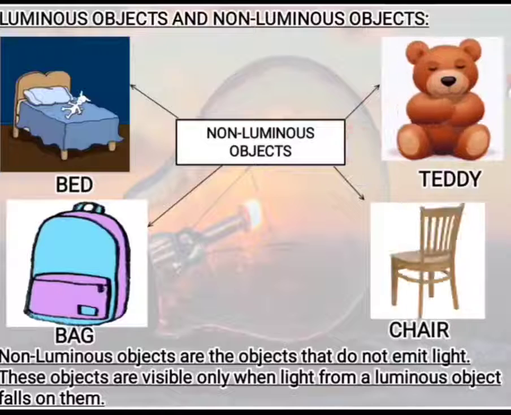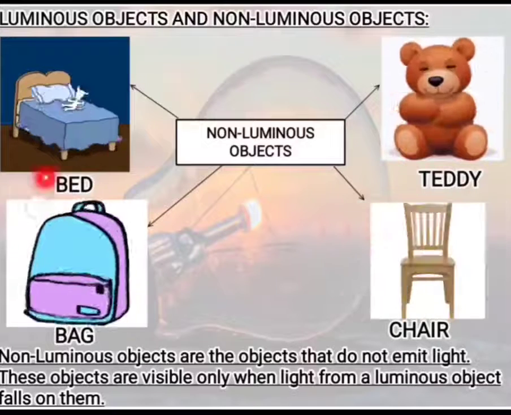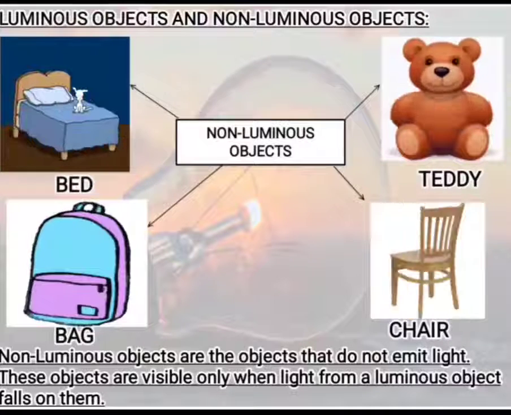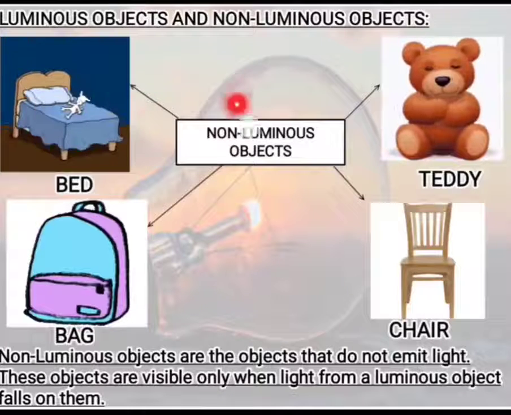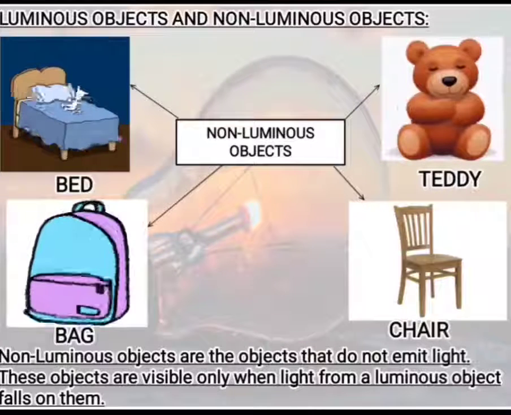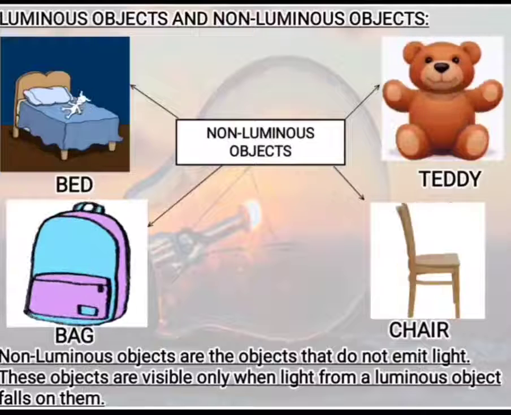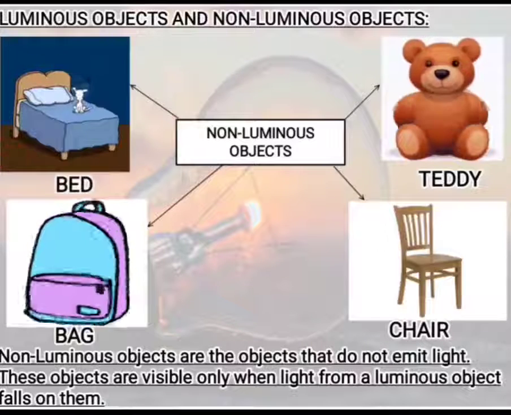For example, teddy bear, chair, bag, bat. These objects can be visible only when the light from a luminous object falls on them.